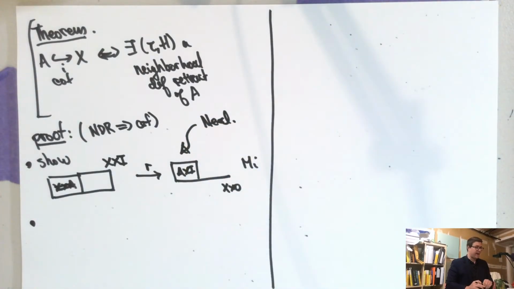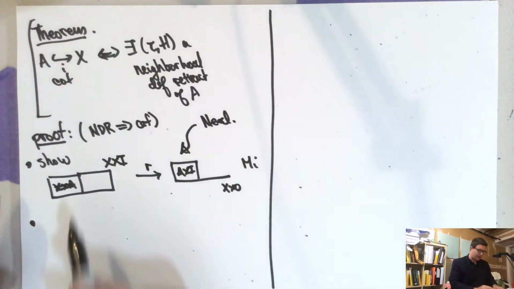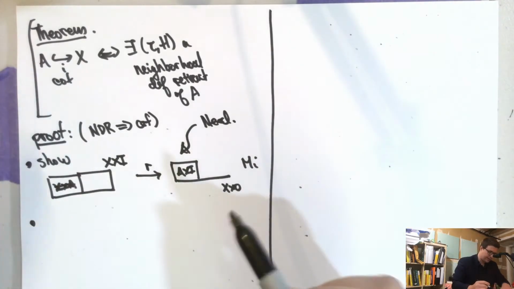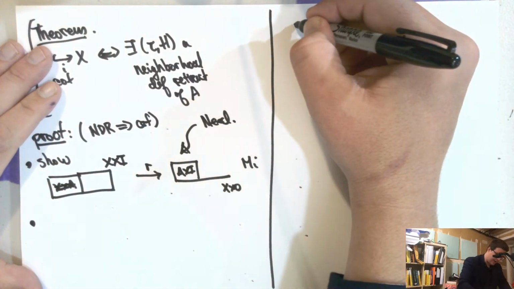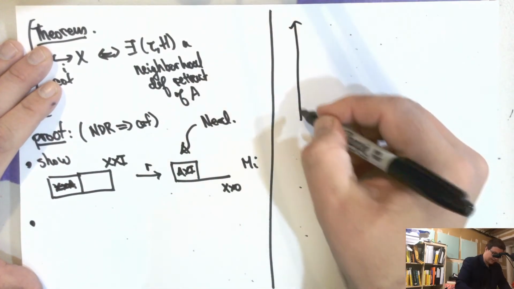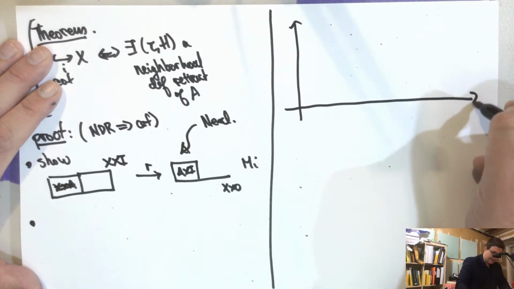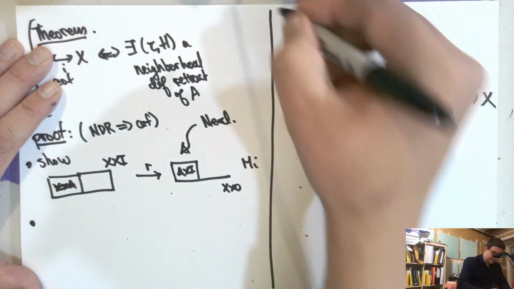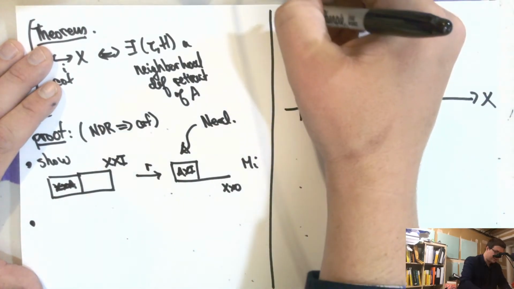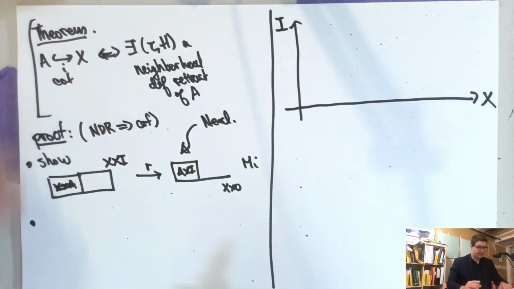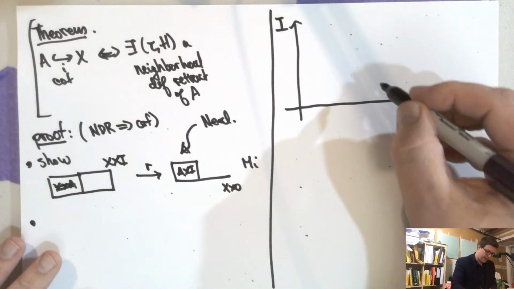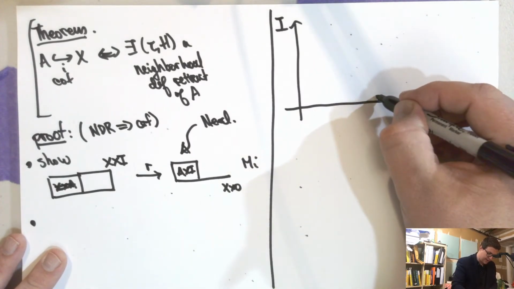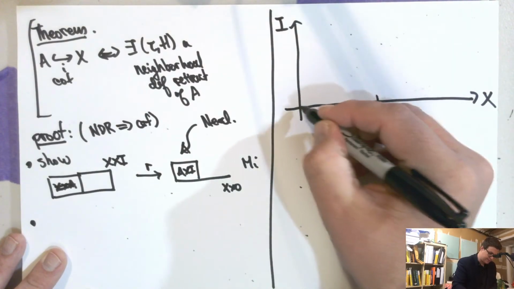I'm going to define a map. Okay, and let me draw this thing here in a different way. So here's I, right? And then here is X. Okay, here's I and here's X. And so this is a time here. And then we have this time function. So here's A. Let's say A is the subspace up to here.